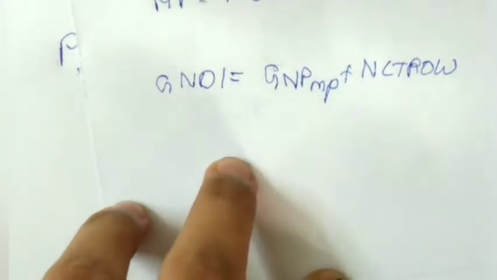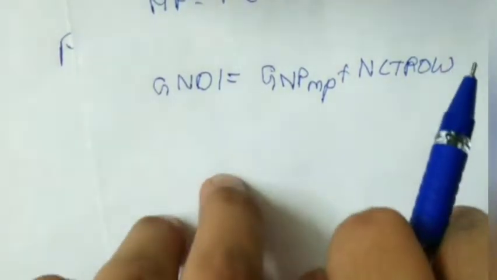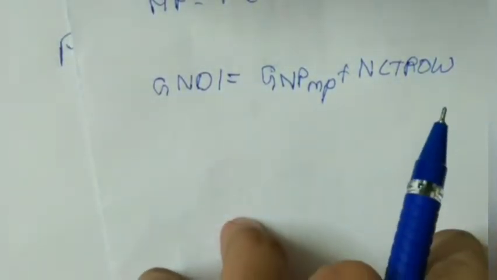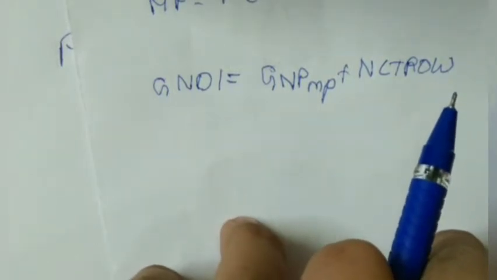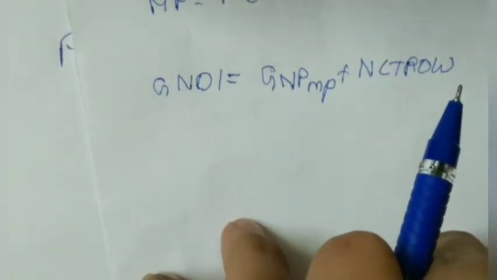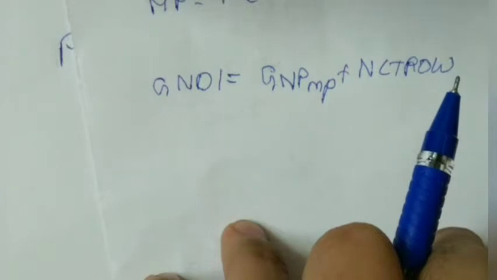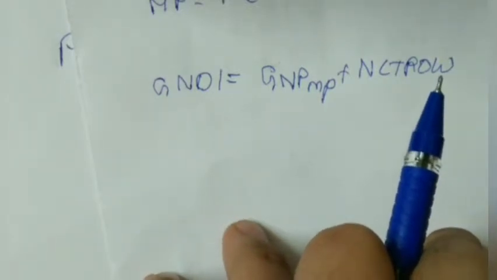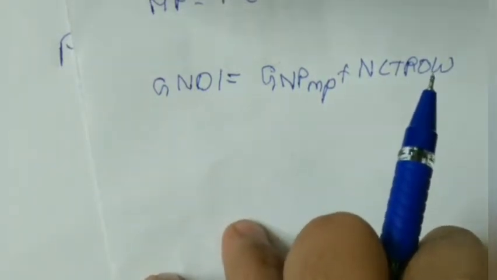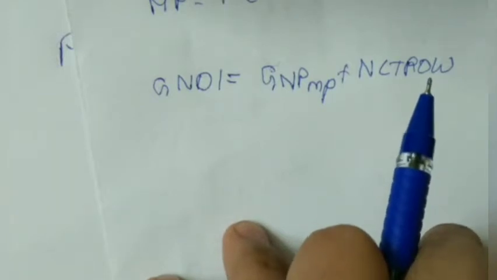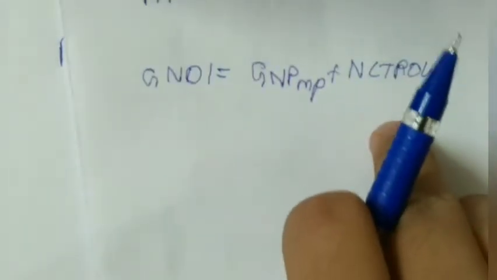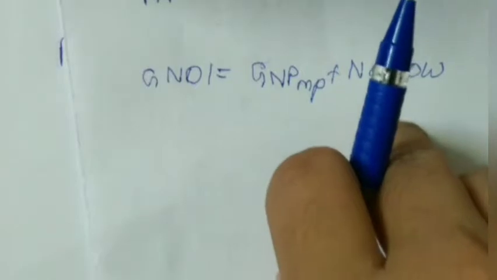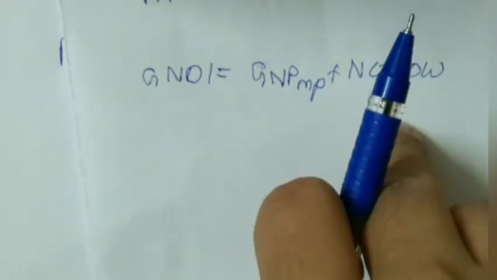GNP-MP plus NCT-ROW gives gross national disposable income. And NCT-ROW also is not gross current transfer from rest of the world minus depreciation. Don't confuse with the golden rule. It is current transfers from rest of the world minus current transfers to rest of the world. There will be both in a country during a given period of time.